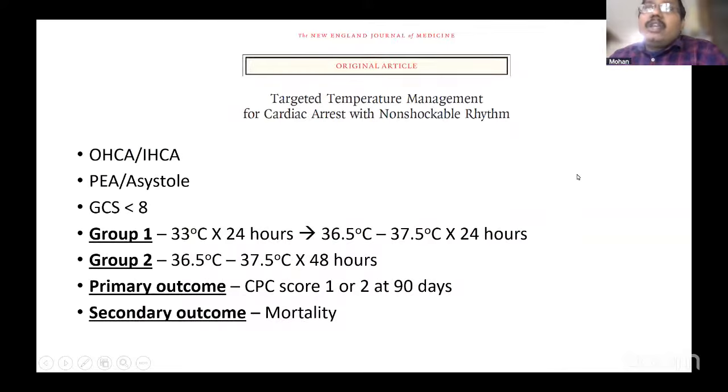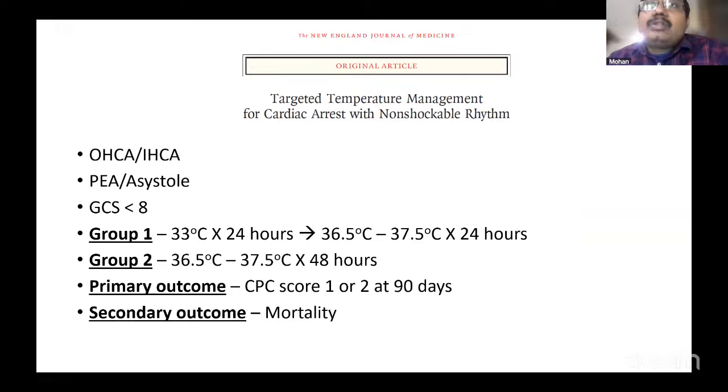Now they wanted to know, taking only non-shockable rhythm, asystole, pulseless electrical activity, how does hypothermia fare? How does targeted temperature management fare with non-shockable rhythm? Because so far, in whatever trials have happened, a lot of the patients they have included had a major proportion of shockable rhythms.